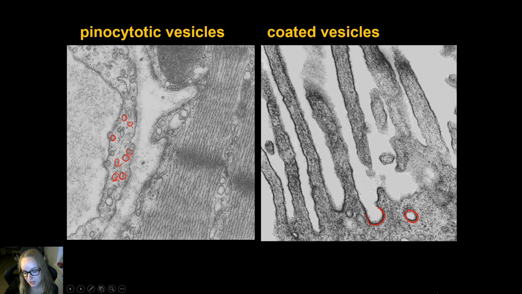And this receptor-mediated endocytosis is very specific. You have a receptor for something, and then you invaginate the membrane. So this is just randomly picking up substances, and this is receptor-mediated. So very selective transport.